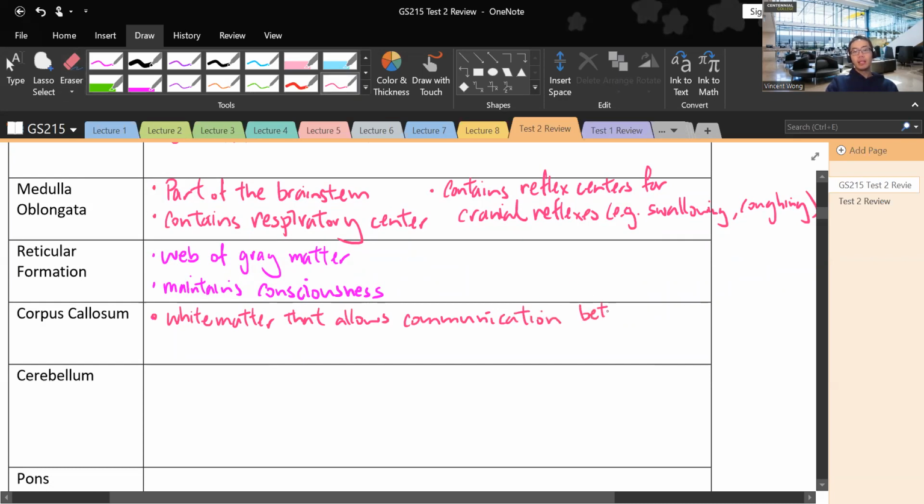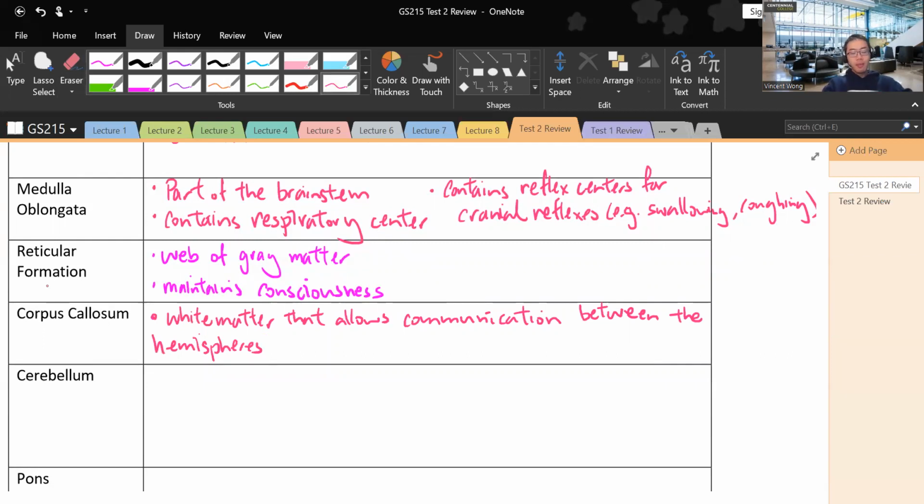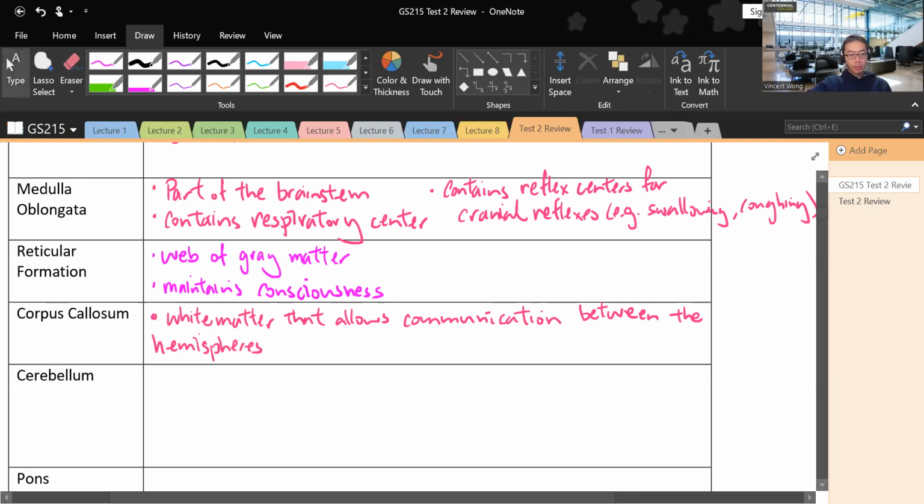Communication between the hemispheres. When the right brain needs to communicate with the left brain, all that information is sent through the corpus callosum.